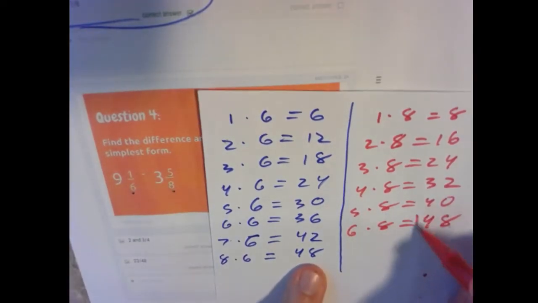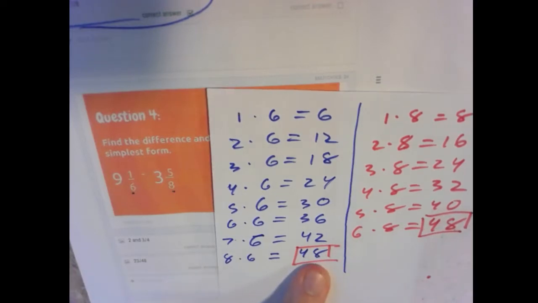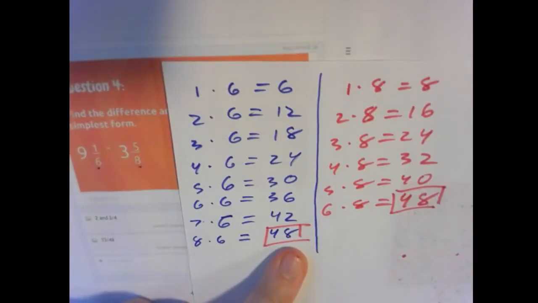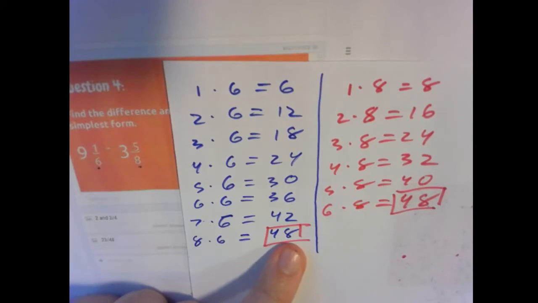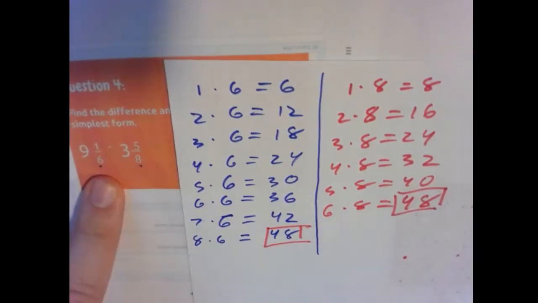Okay. So the least common multiple of 6 and 8 is 48. Okay, so the denominator that is going to be common of these fractions is 48.